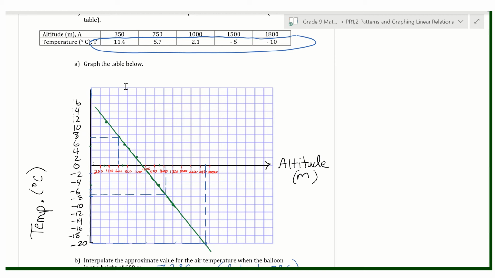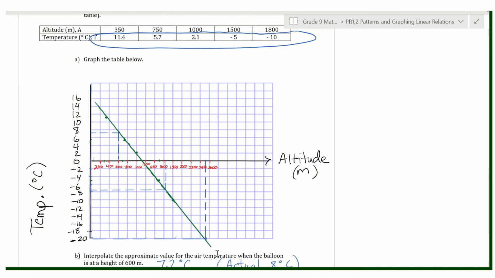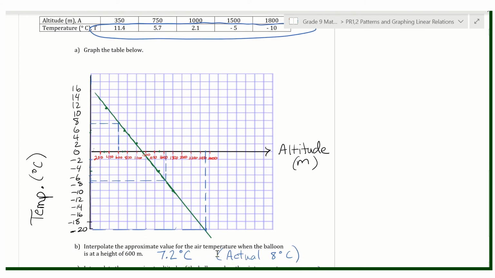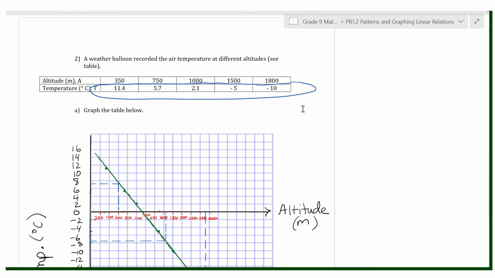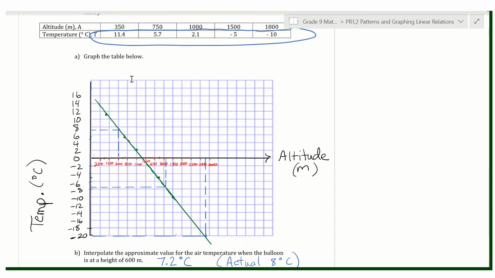And I graphed my first 5 points, so you can see them, one there, one there, one there, one there, and one there. And then I drew my line not only through them, but I went beyond and I drew it even further down. Okay, so that's very important that you give room to go beyond the points that are given on this table, as my lesson previous to this showed you.